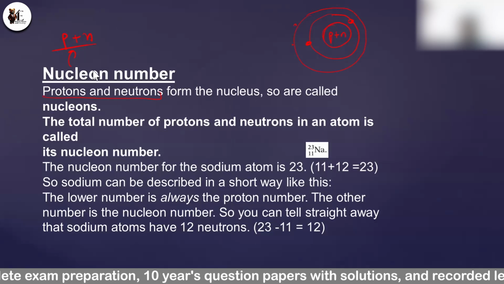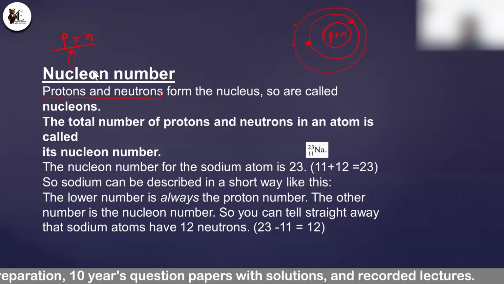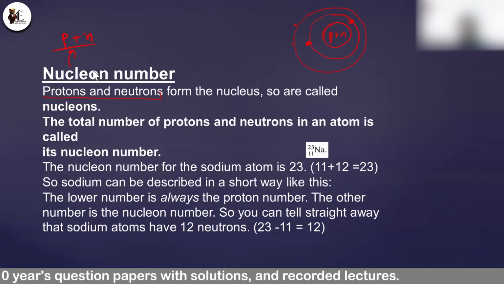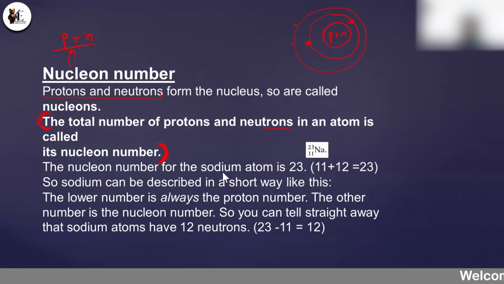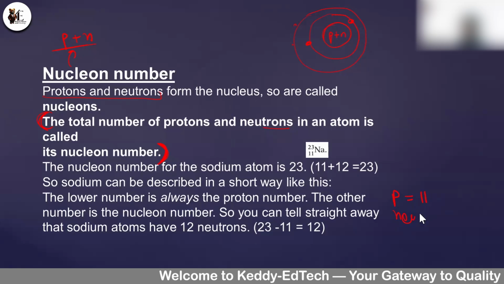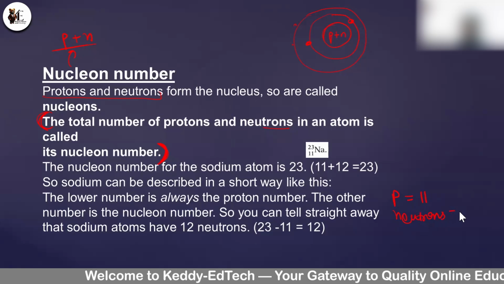If it is too long to say protons and neutrons, you say in one word, nucleons, so we understand you are talking about protons and neutrons. It is written here that the total number of protons and neutrons in an atom is called its nucleon number. Let us see an example for sodium. The proton number of sodium is 11, and the number of neutrons is 12.